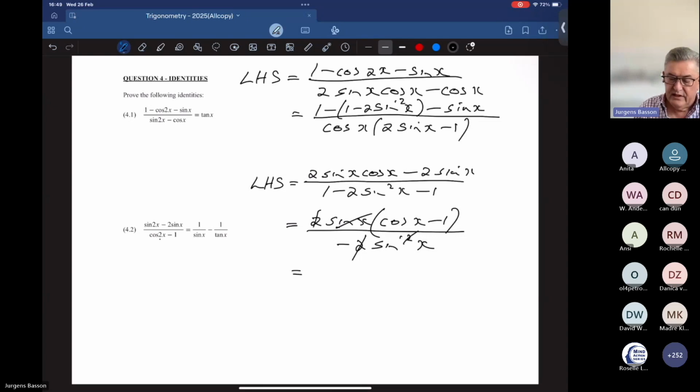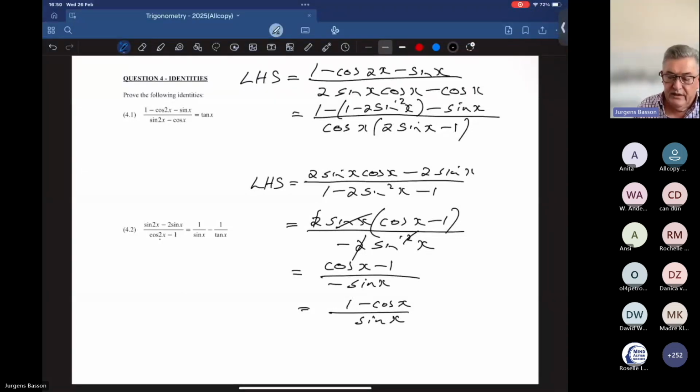Sorry, I didn't even see that. I want to make it more exciting. So now we end up with cos x minus 1 over negative sine x. I don't want a negative here, so I'm going to take the negative to the top. And do you agree it's going to swap the two terms if I put the negative at the top?